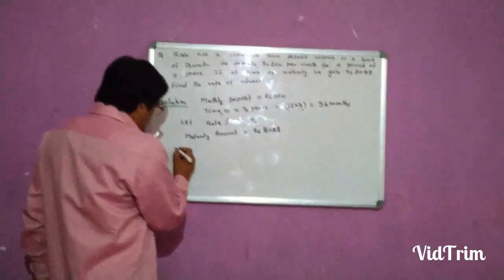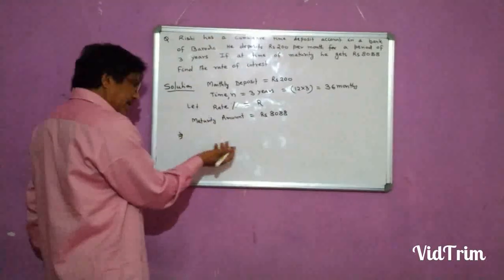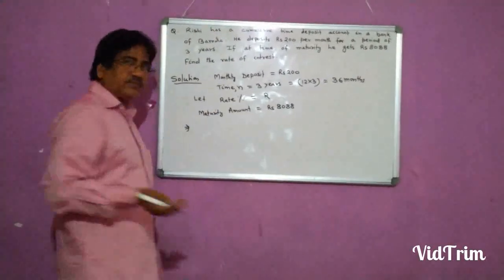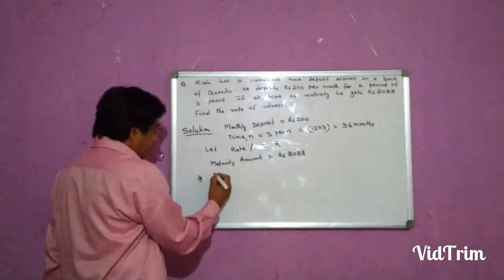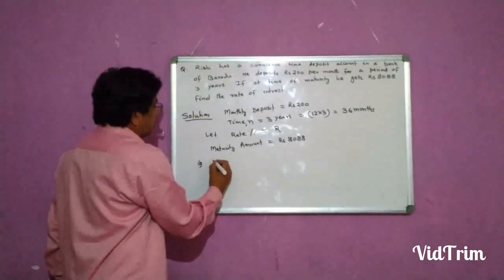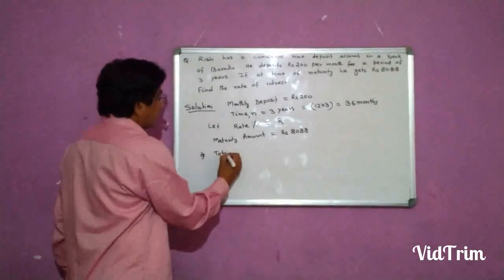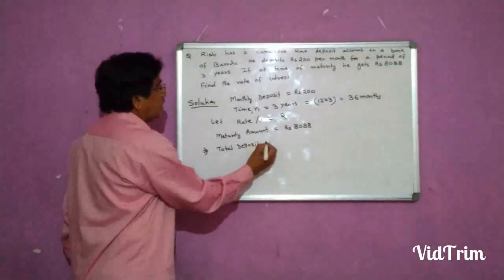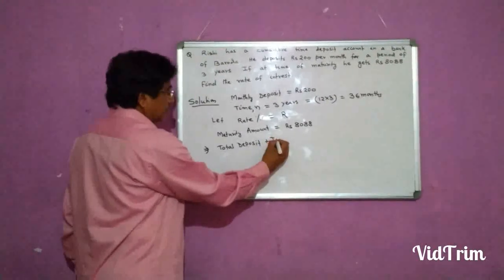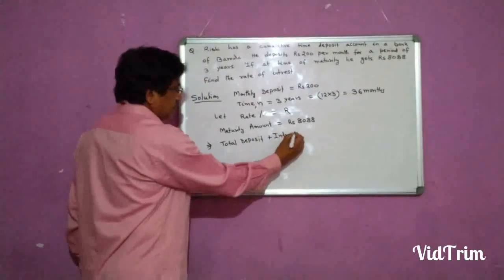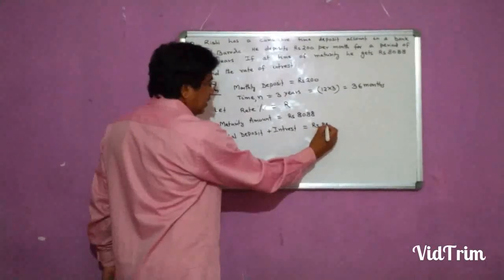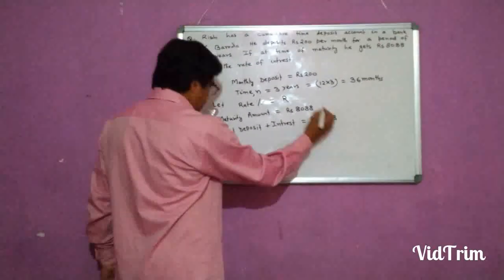And the mathematical formula for the maturity amount we can write like this also. Mathematically we can write it as total deposit plus interest is equal to rupees 8088.